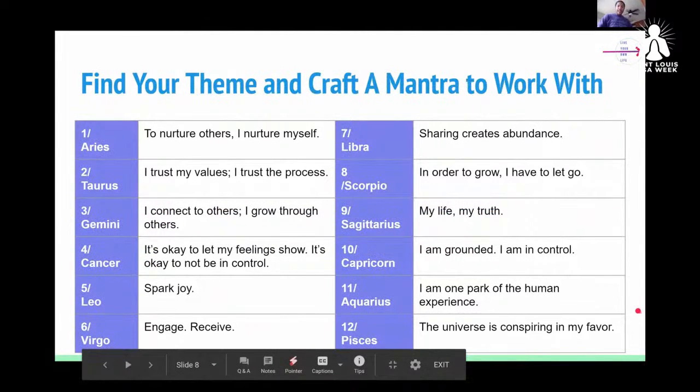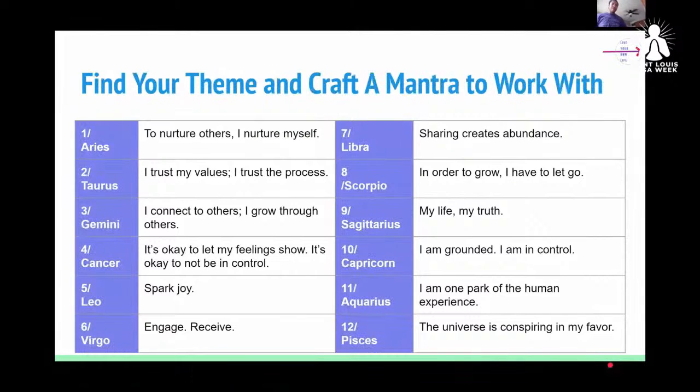Once you find your sign placement, what we'll want to do is find a theme and craft a mantra to work with. What I've typed in here is a table of all 12 of the zodiac signs. What you'll want to do is find the sign that your North Node is placed in.